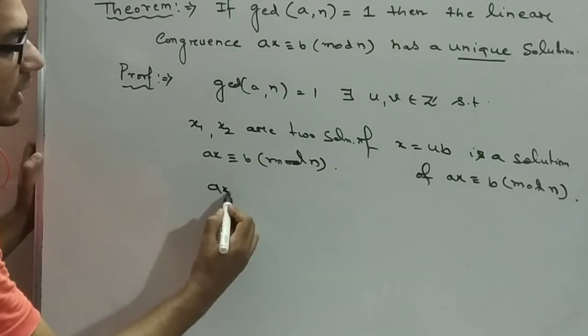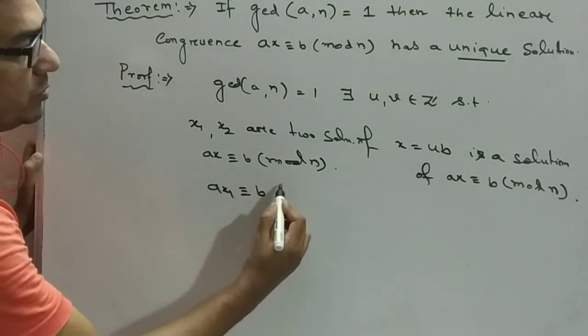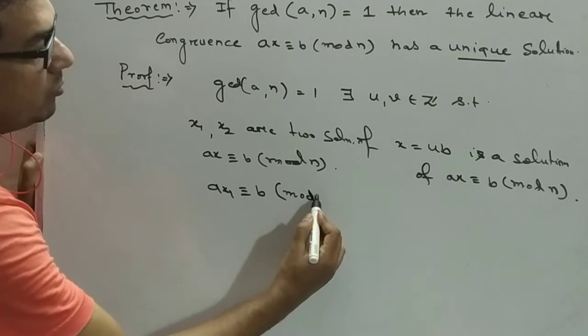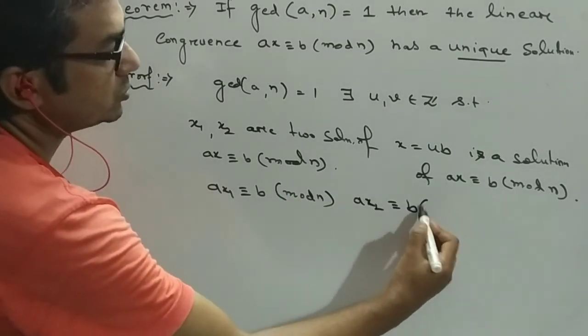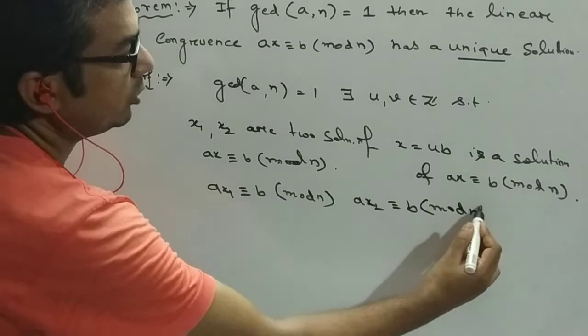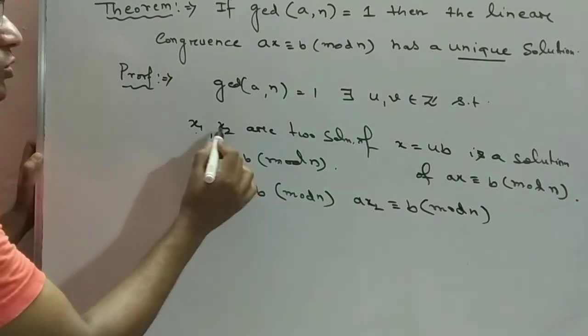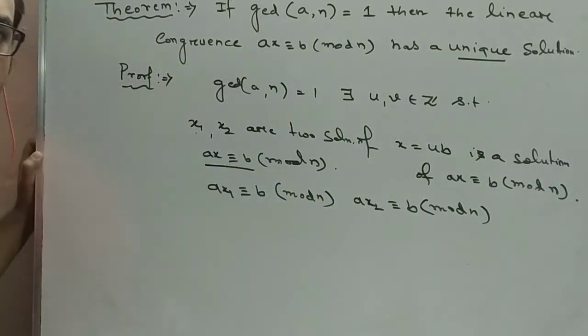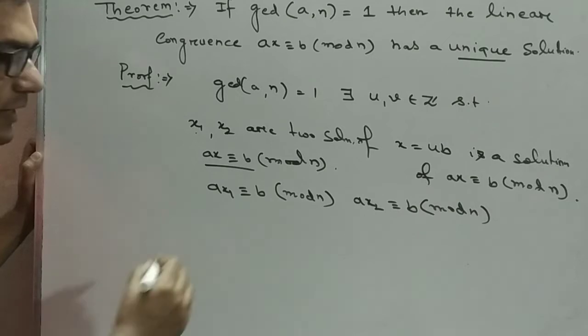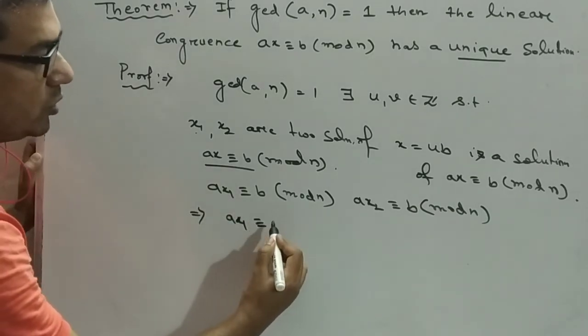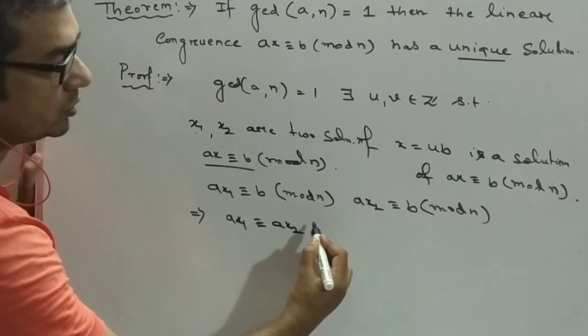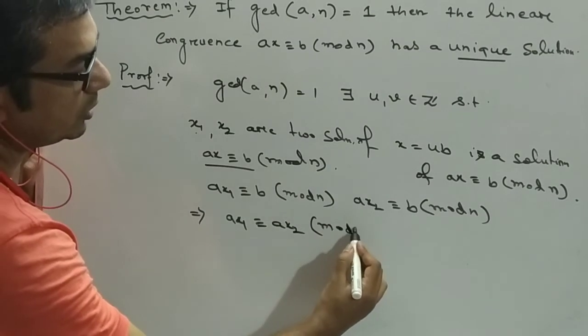Then Ax1 is congruent to B mod n and Ax2 is congruent to B mod n, because x1 and x2 both satisfy the equation. That is, Ax1 is congruent to Ax2 mod n.